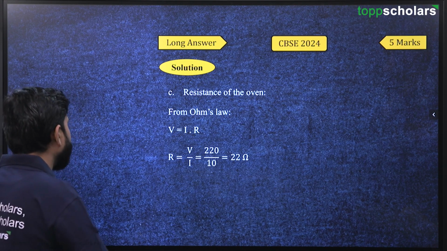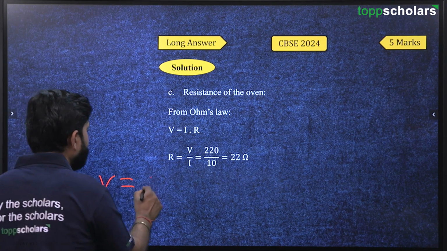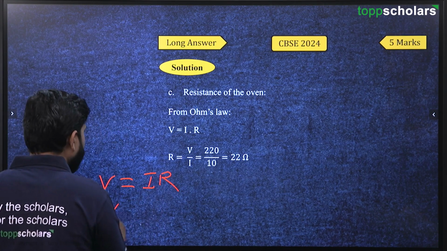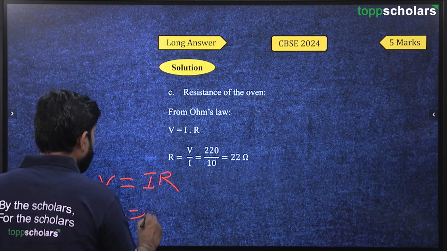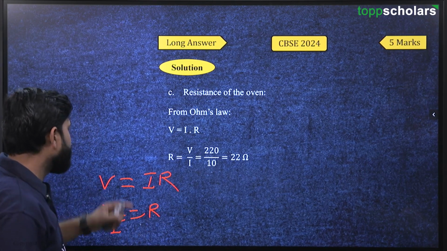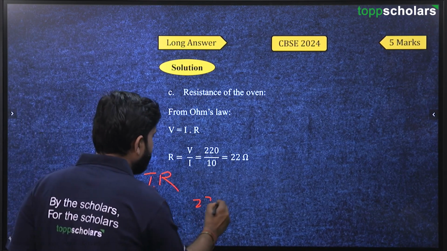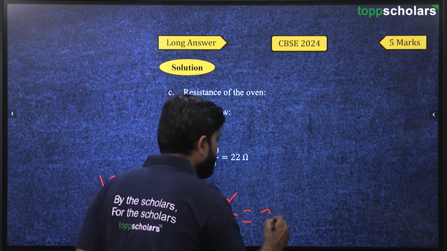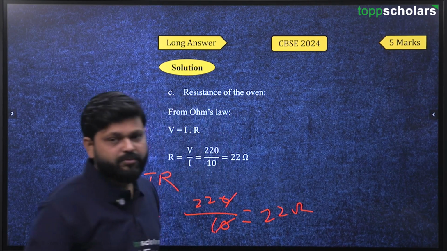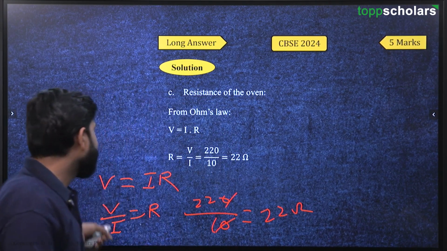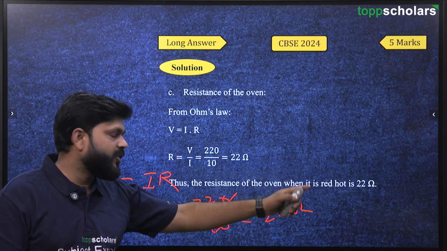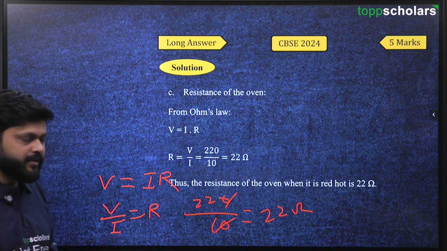So we need to find resistance, R equals V upon I. V is 220, so 220 upon 10. You will get 22 ohm. So we have found 22 ohm, that is the resistance in the circuit. So the resistance of the oven when it is red hot is 22 ohm. Got it? Now next question.